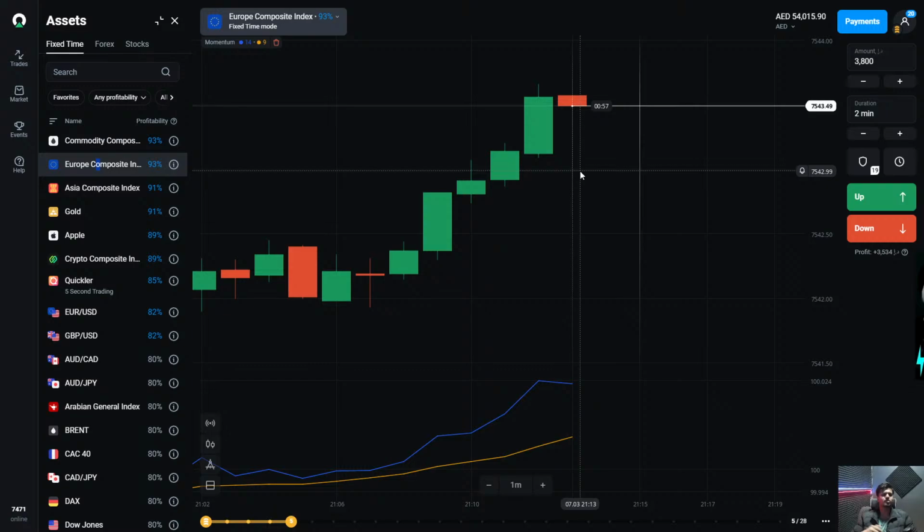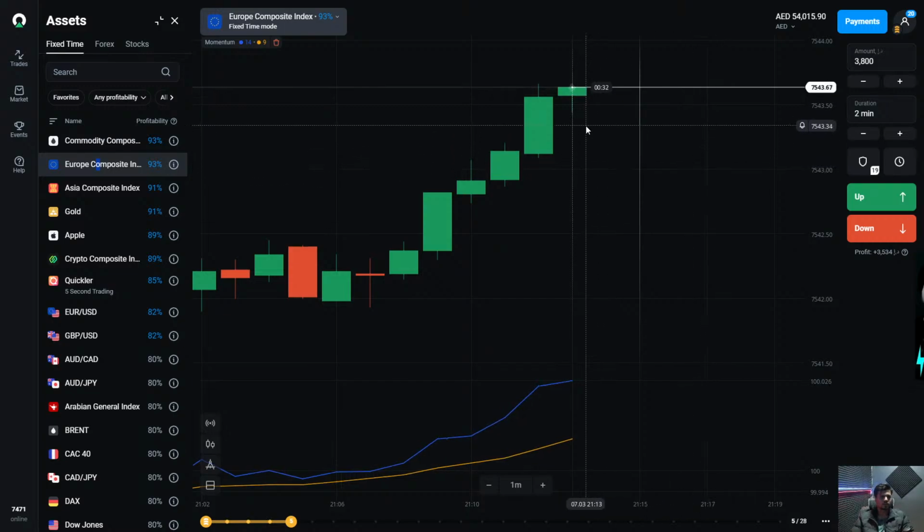Here it's trying to go back to the downward, as you can see, guys. But before it, it was just moving in the upward direction. So let's wait. As it is still moving in the upward direction, right?